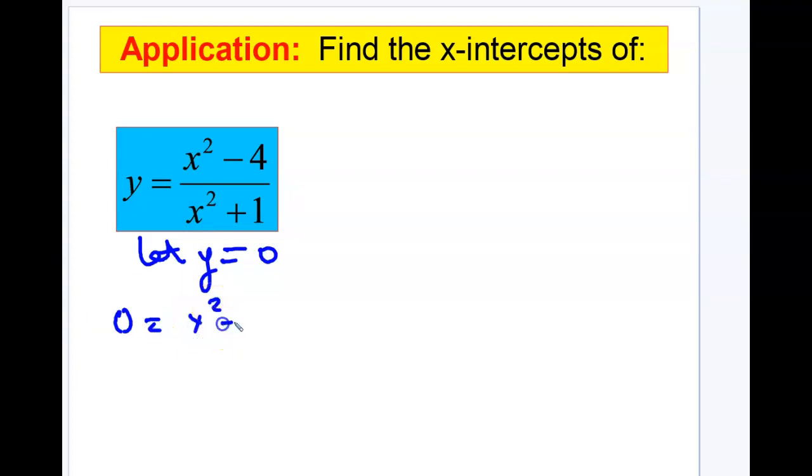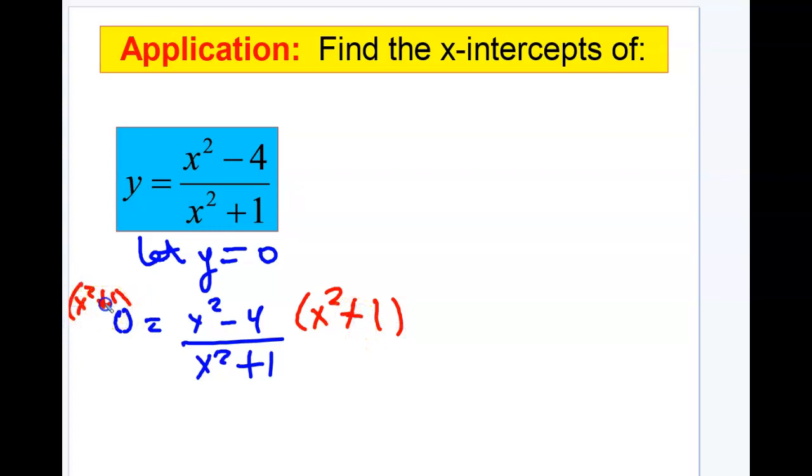I have x squared minus 4 divided by x squared plus 1. So mathematically, I would multiply both sides by x squared plus 1. And on the right-hand side, the x squared plus 1's cancel. On the left-hand side, 0 times anything is still 0. So I'm left with 0 is equal to x squared minus 4.